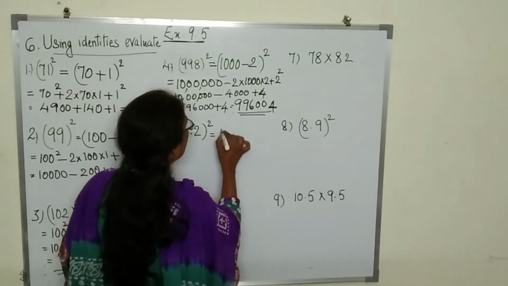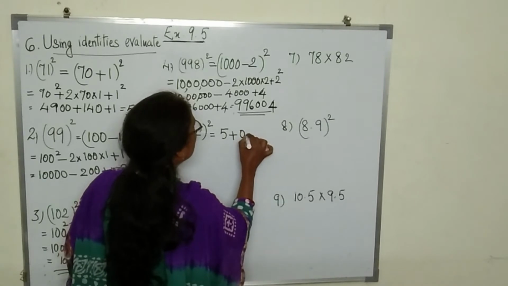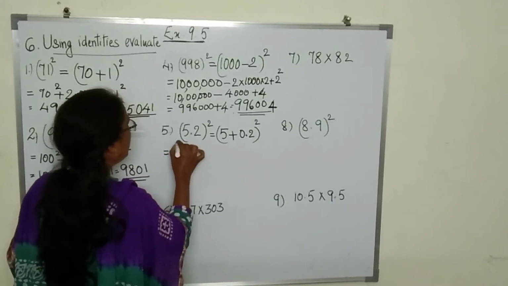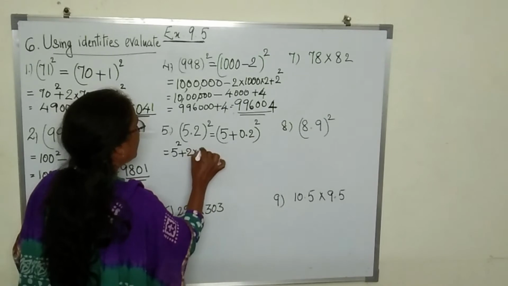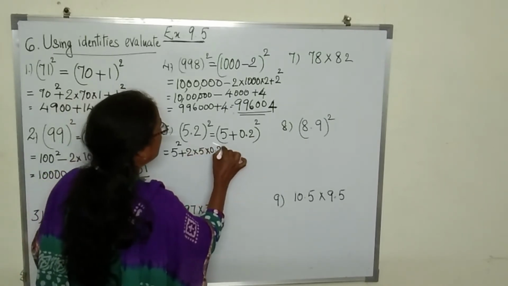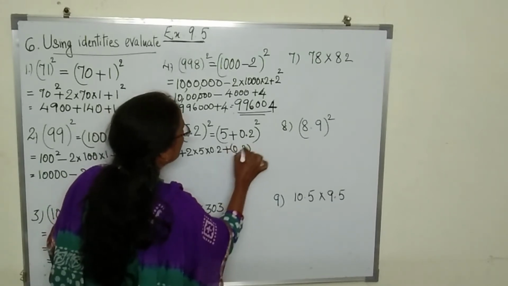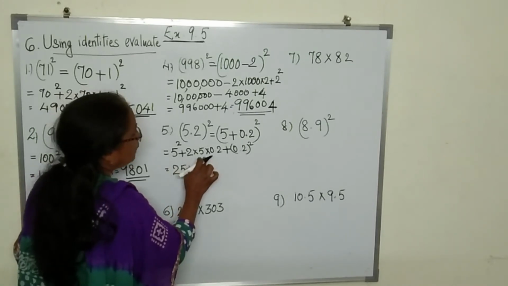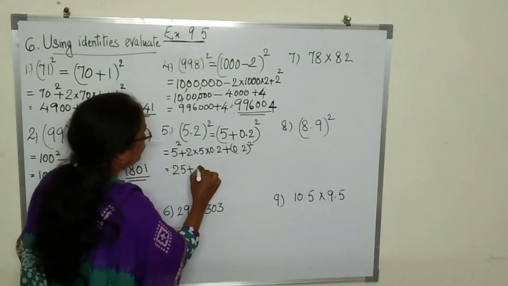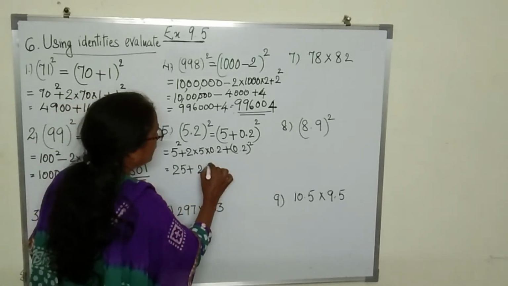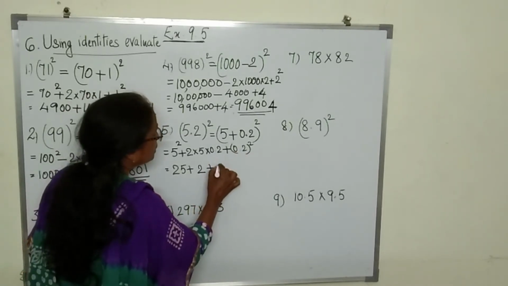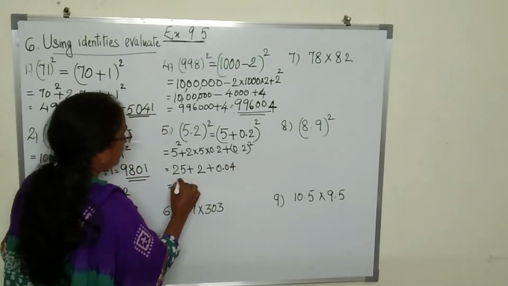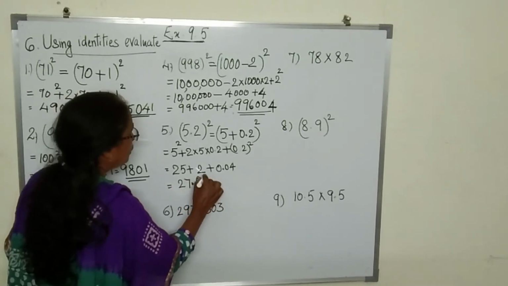This is equal to (5 plus 0.2) whole square, which is equal to 5 square plus 2 into 5 into 0.2 plus 0.2 whole square, which is equal to 25 plus 2 5s are 10, 10 into 0.2 is 2, plus 0.2 into 0.2, 0.04, which is equal to 25 plus 2, plus 0.04, that is 27.04.